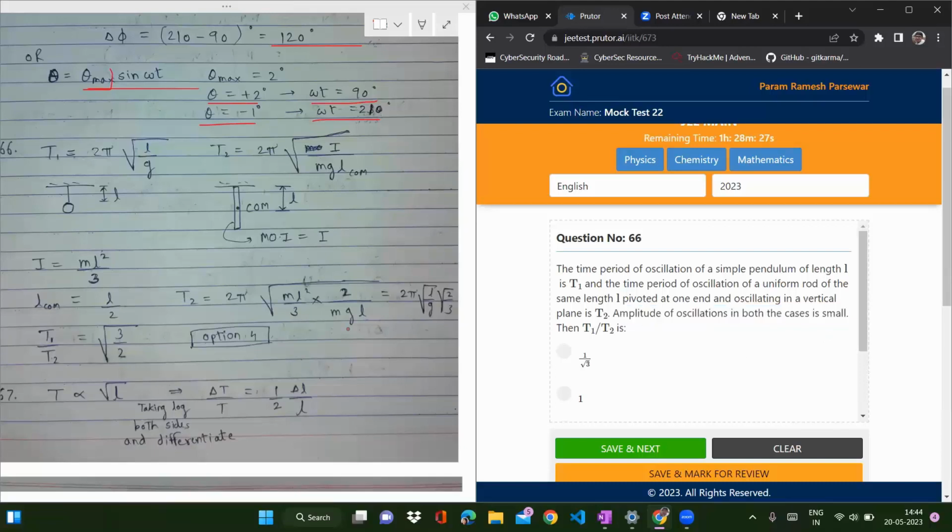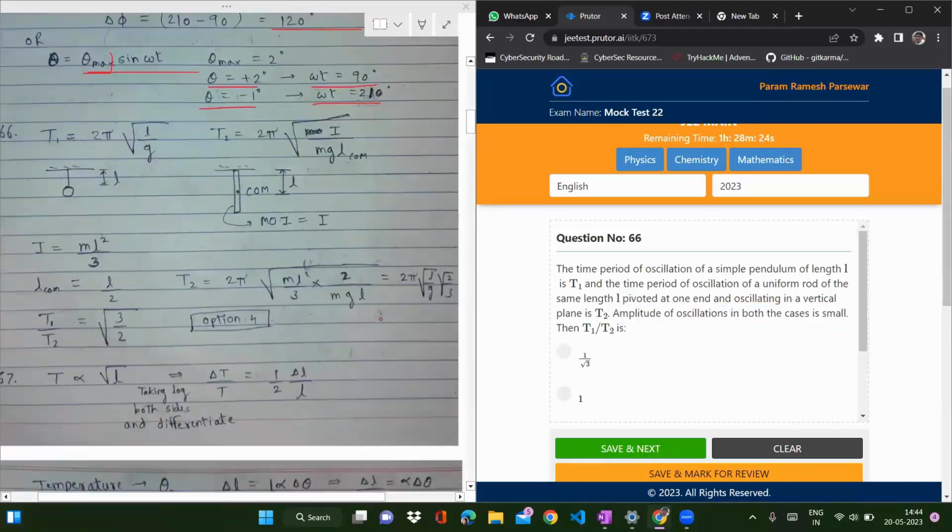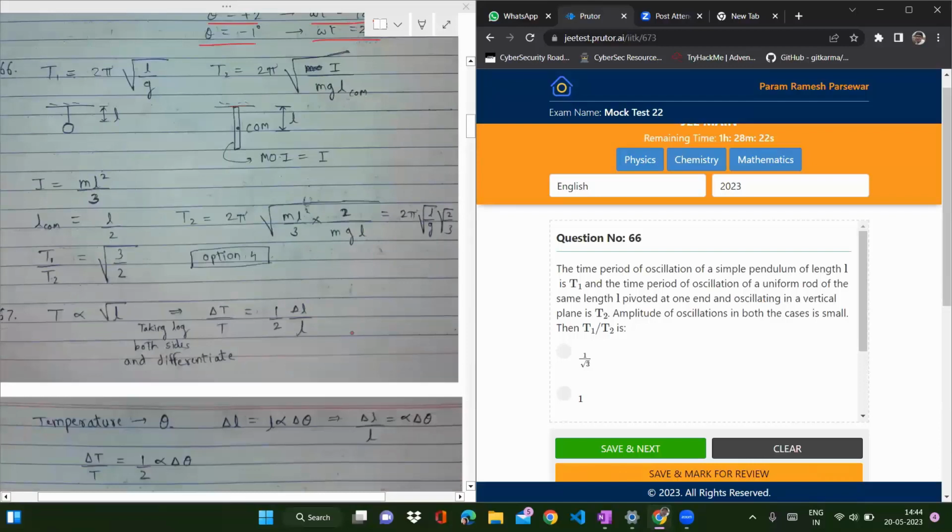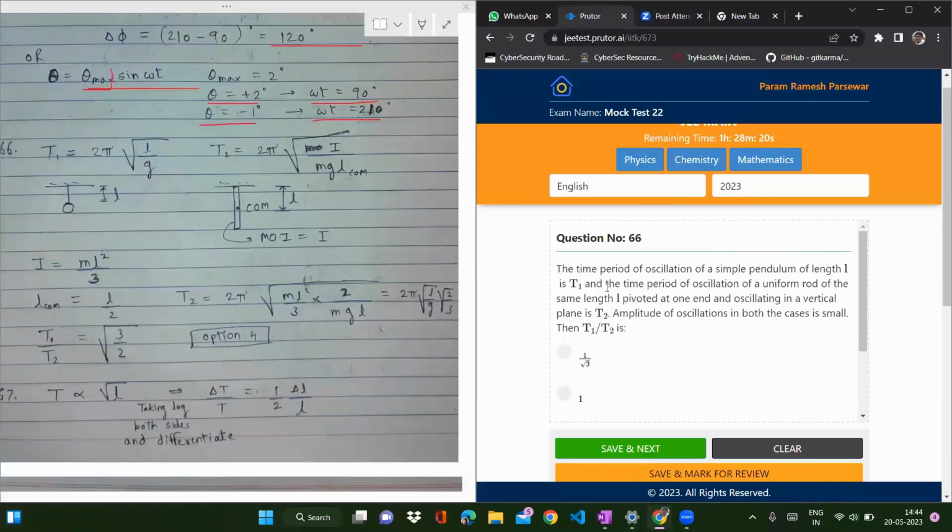So here we can consider simple harmonic motion for the pendulums, and it is given that one is a simple pendulum but the other is a compound pendulum, which is a rod hinged at one end point, and it is oscillating in the vertical plane.